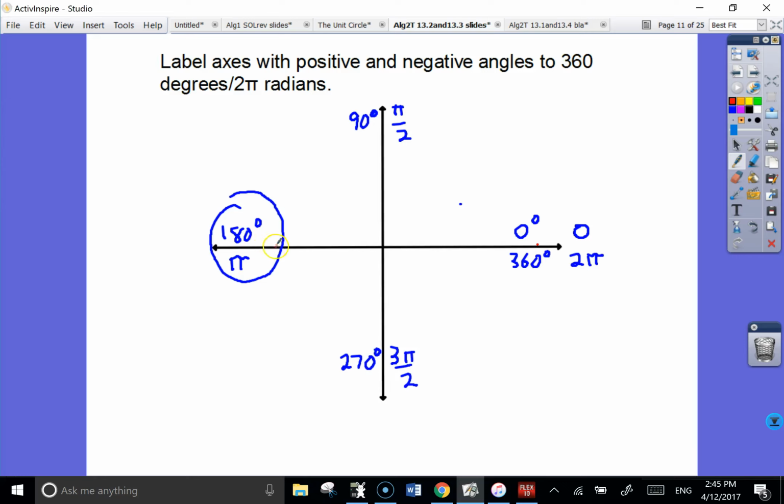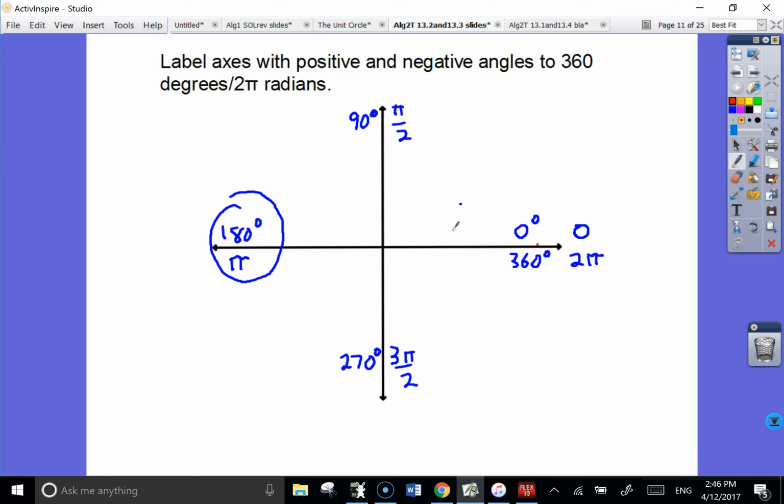If I go halfway from 0 to pi, that's pi over 2. And if I go halfway in between pi and 2 pi, that's 3 pi over 2, right? 1.5 pi. So these are the angle measurements for the axes, plus and minus.